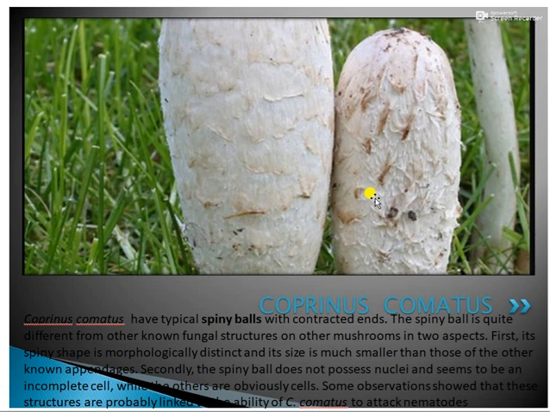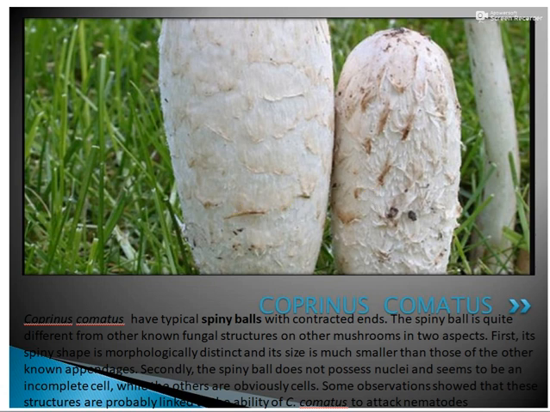Firstly, it is morphologically distinct as its size is much smaller than those of other known appendages, and the spiny ball does not contain nuclei, but seems to be an incomplete cell. These spiny balls are linked with the ability of Coprinus comatus to attack the nematodes. The spines on these balls are associated with a feature which enables it to attack the nematodes.